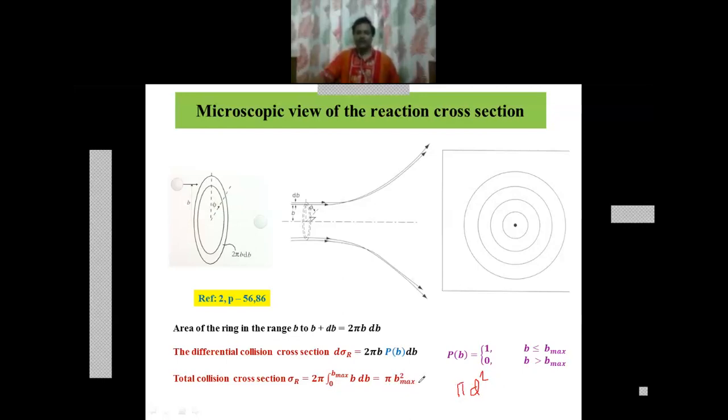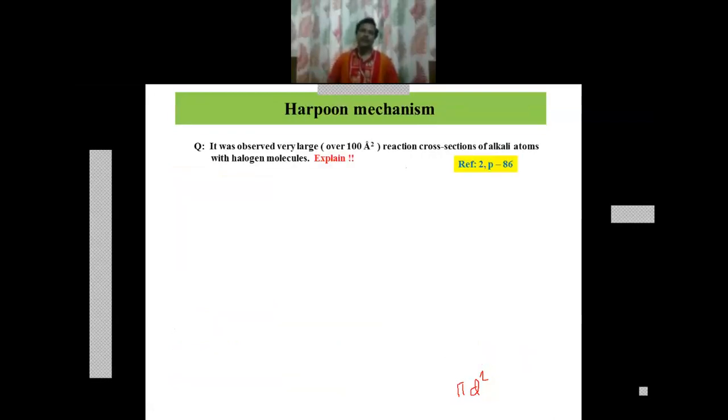So for this, I think we can get a little bit of an idea if we look at a reaction which takes place in a Harpoon mechanism way, right.